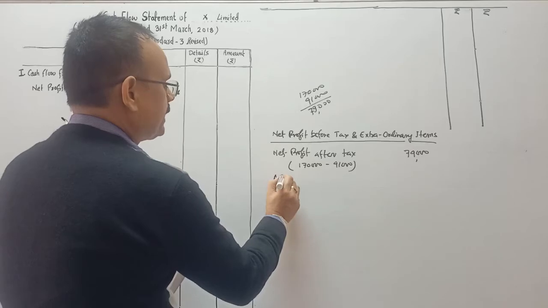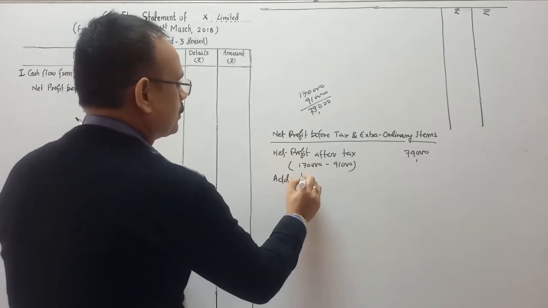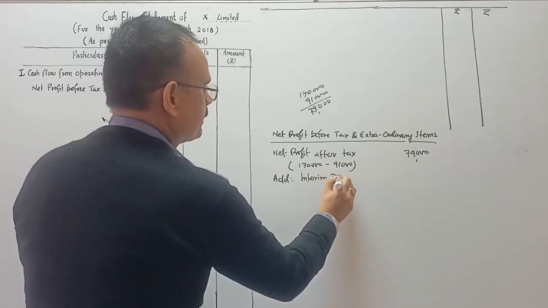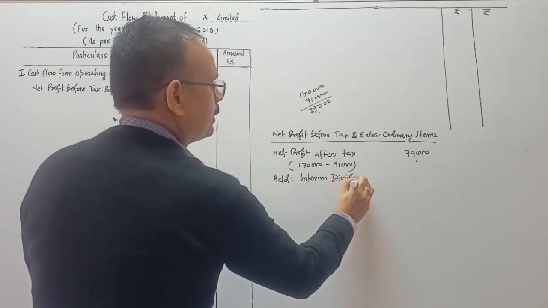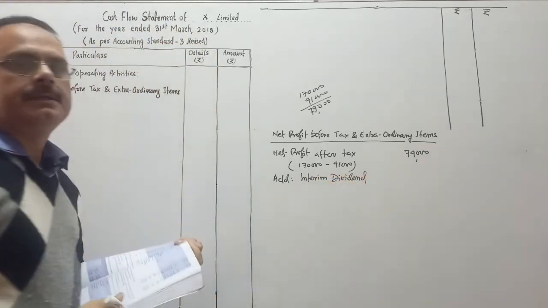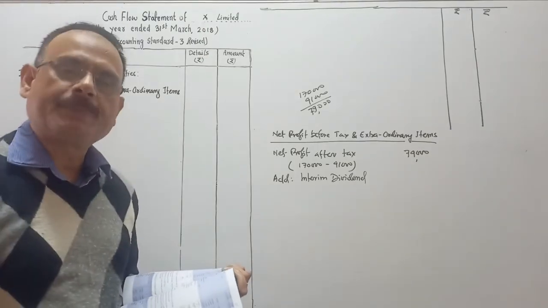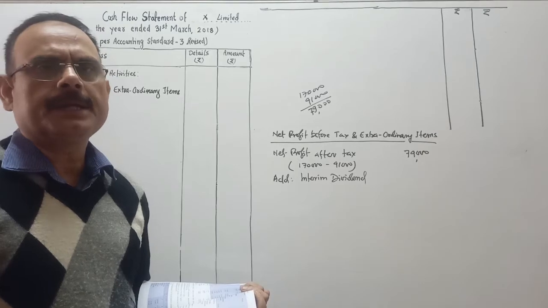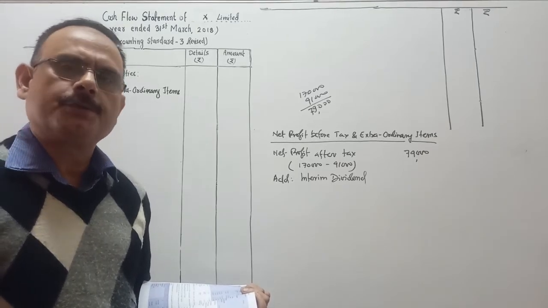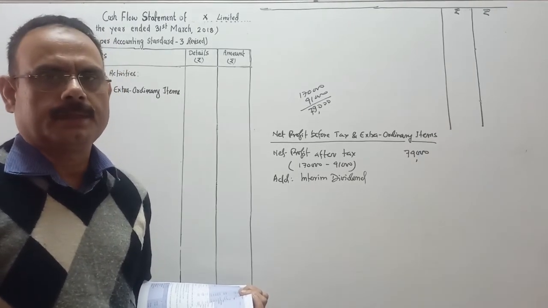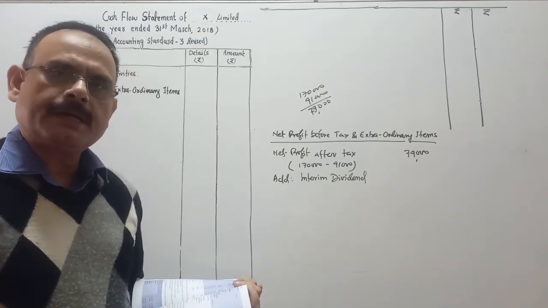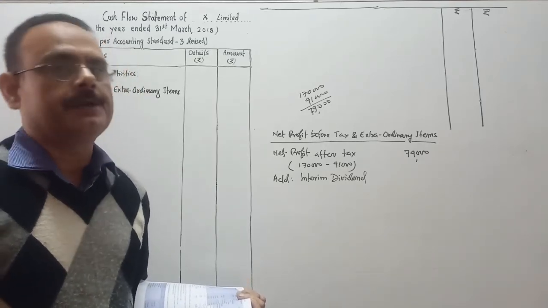Now there is one interim dividend given in the question. What is interim dividend? If the company earns a profit more than the expectation level, you can say a super profit, then the company may declare the interim dividend to its shareholders. Interim dividend is declared by the company apart from the annual dividend.